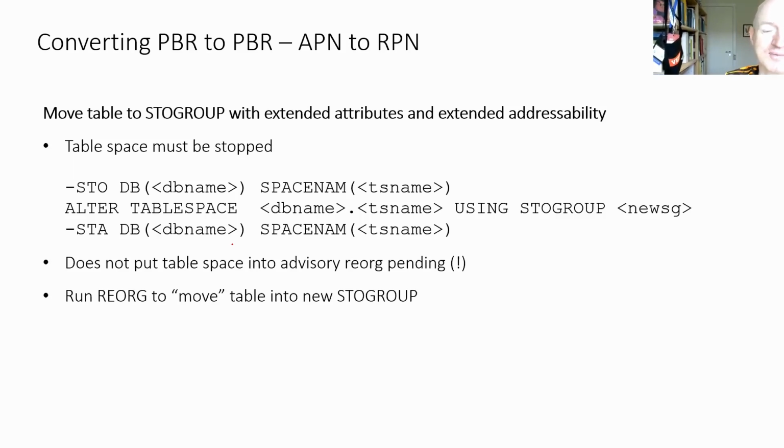So you have to remember to run a REORG to recreate the data sets in the new stogroup with the new SMS attributes. I've seen a couple of customers complain about this, but I don't know if anyone has opened an Aha idea on that. So be aware of that move operation, that it requires an outage and that you have to remember to do a REORG.